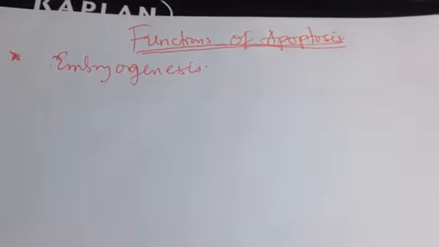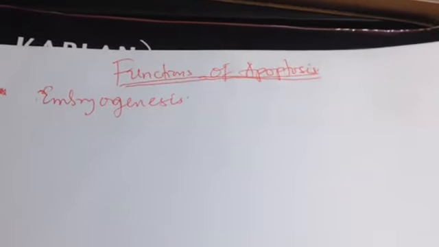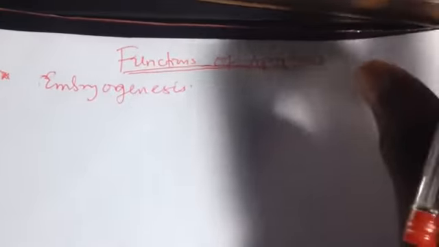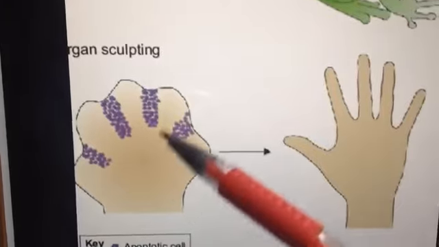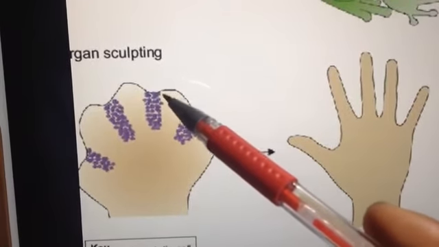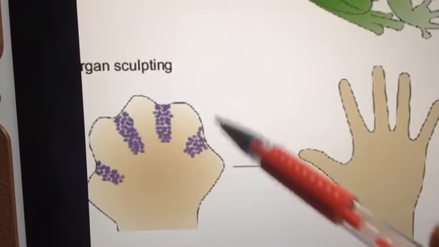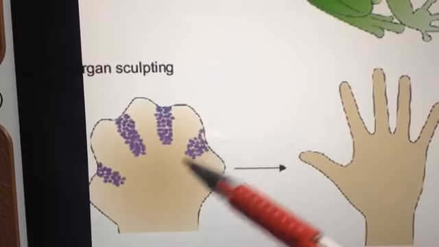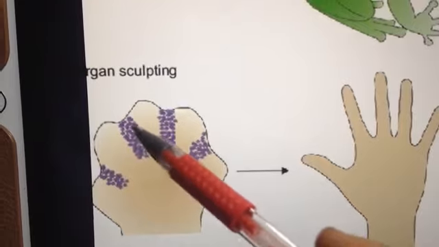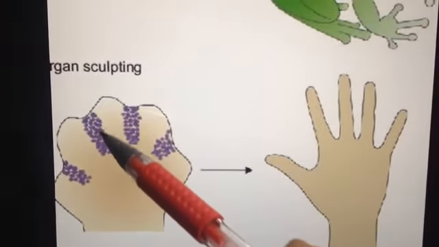What I mean is during development of the child, the baby, the hands are kind of webbed, right? This is the hand of the child. So the cells in between these fingers have to undergo apoptosis for us to have normal fingers.